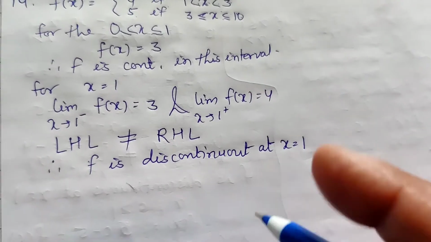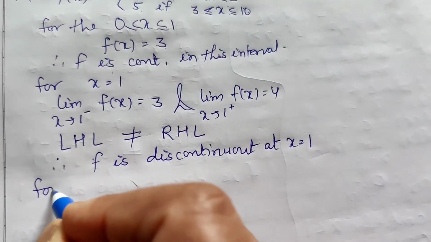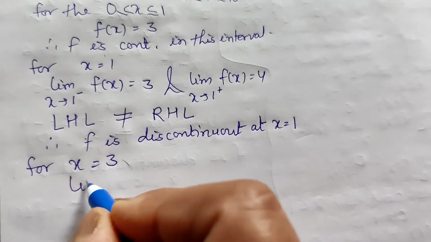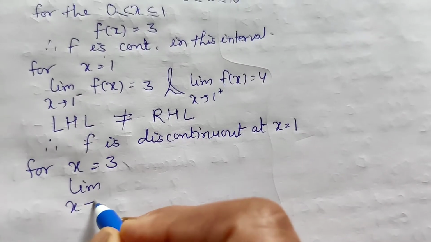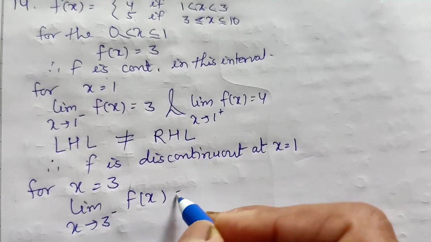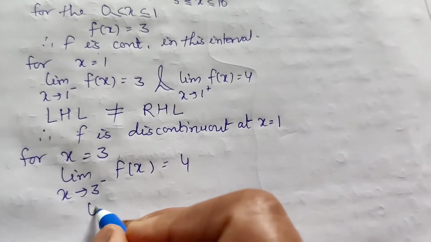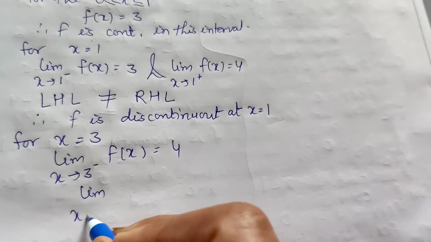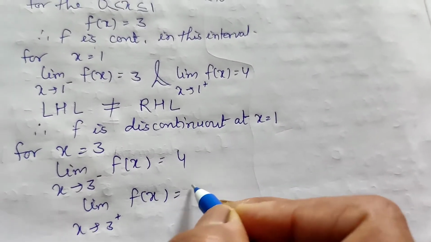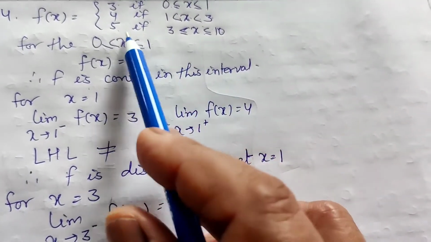And next, for x equal to 3, now check x equal to 3. The limit of the function when x tends to 3 from the negative side, the value of the function is equal to 4. And the limit as x tends to 3 from the right hand side, the positive side, is equal to 5, since for x greater than or equal to 3 it is 5.